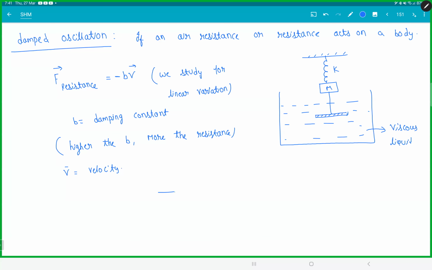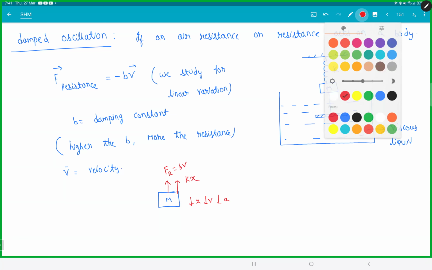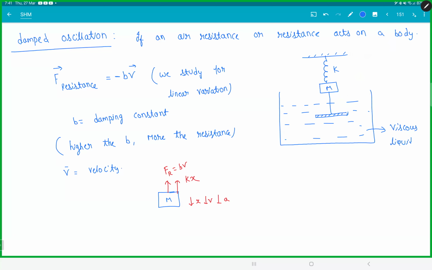So now if you draw the FBD of these forces, let's say if it is going down with x and let the velocity be v and let the acceleration be a, and then we will have the F resistance, which is bv. The minus indicates opposite to velocity, so I'm keeping it up. This is kx. We will not write mg because mg doesn't change.